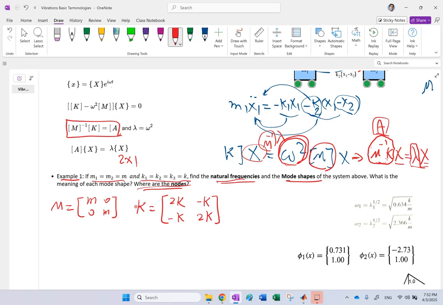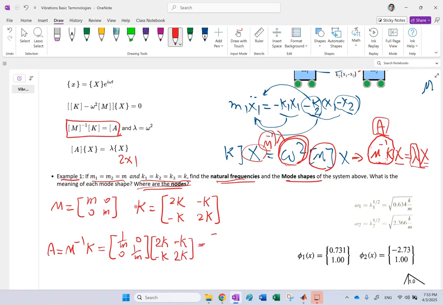Now we go for A. What is A? A is M inverse times K. Now the inverse of a diagonal matrix is going to be a diagonal matrix where the elements are the reciprocals. So it is going to be 1 over M, 0, 0, 1 over M, times 2K, negative K, negative K, 2K.